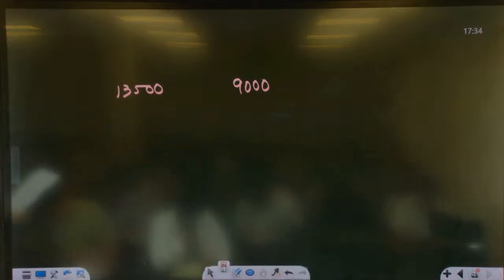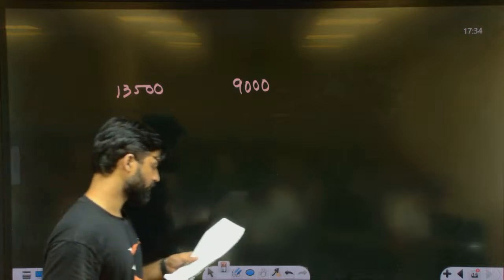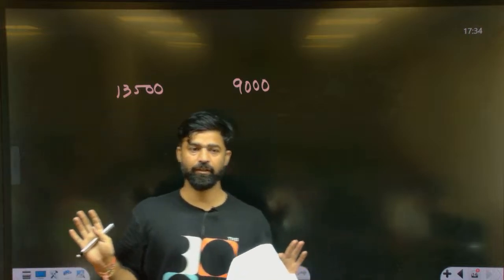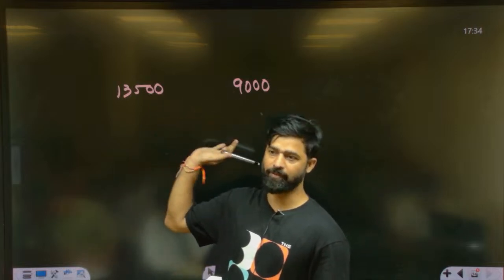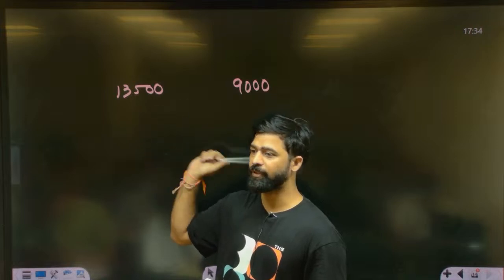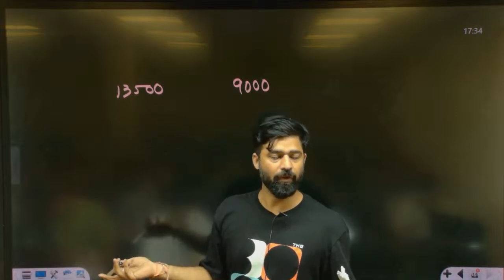This is his monthly income and this is his monthly expenditure, and the difference between these two will be the savings, obviously.